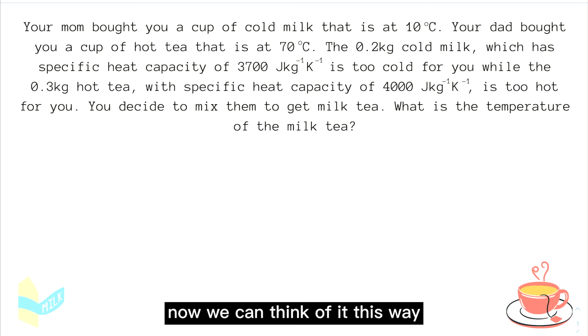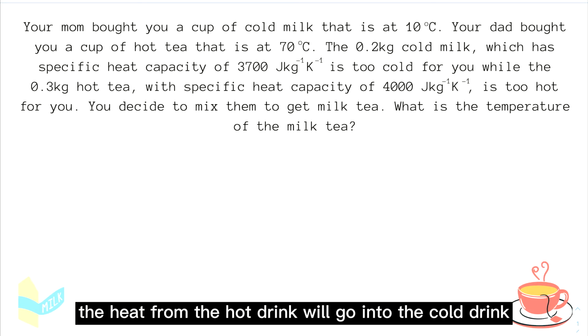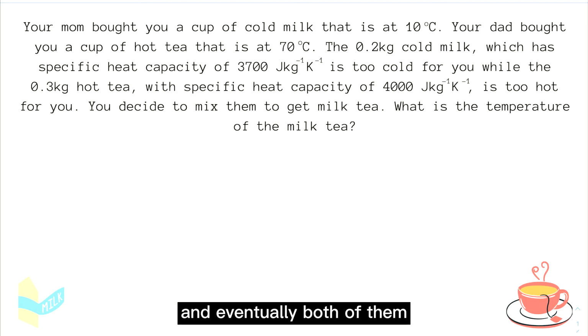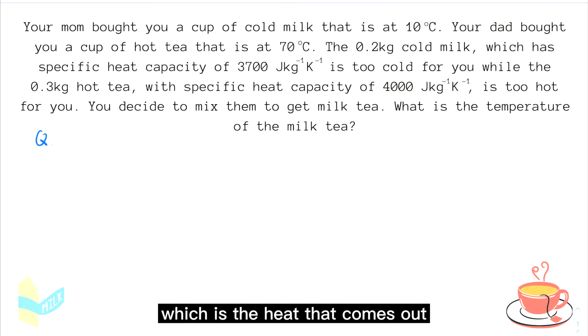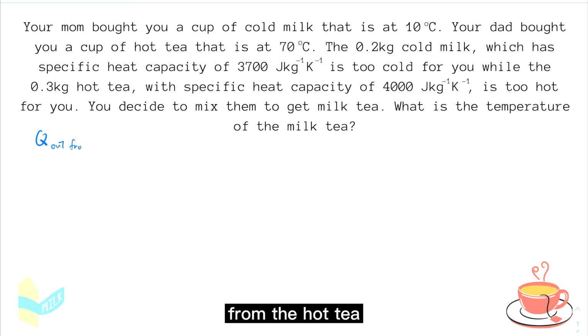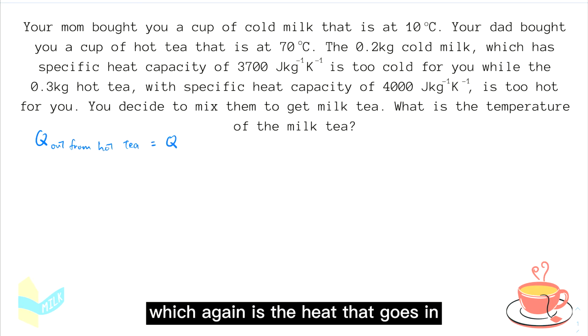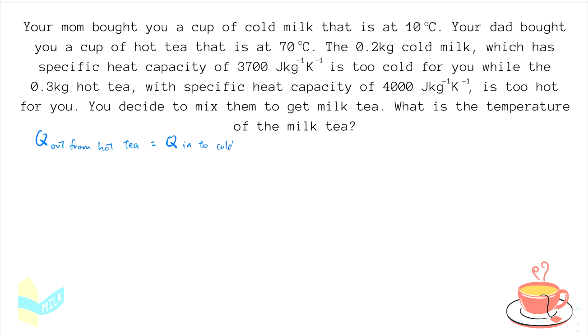Now, we can think of it this way. When you mix the two drinks together, the heat from the hot drink will go into the cold drink, and eventually both of them will come to the same temperature. So, in equation form, we can write it as the Q, which is the heat, that comes out from the hot tea, will be the same as the Q, which again is the heat that goes in to the cold milk.